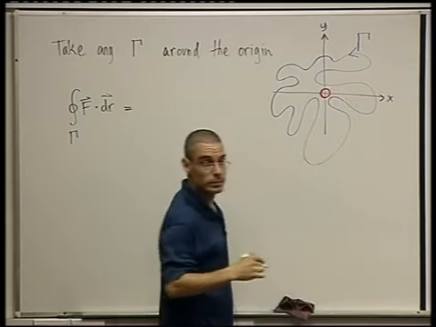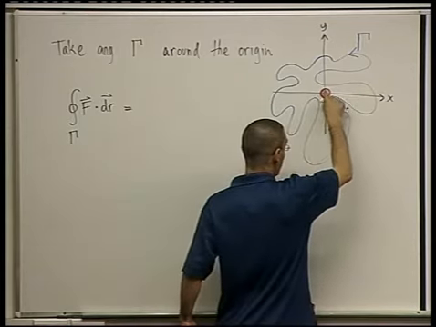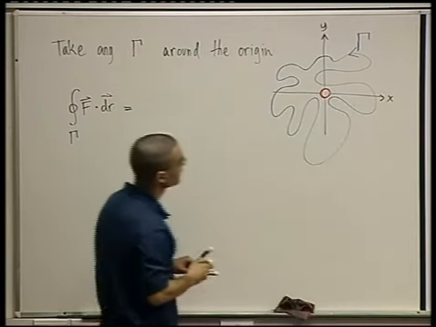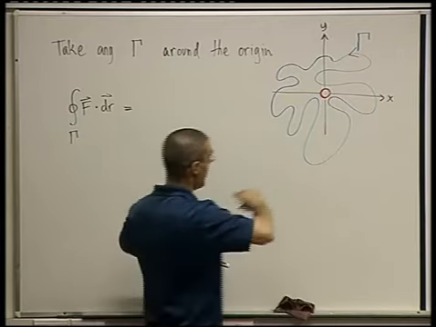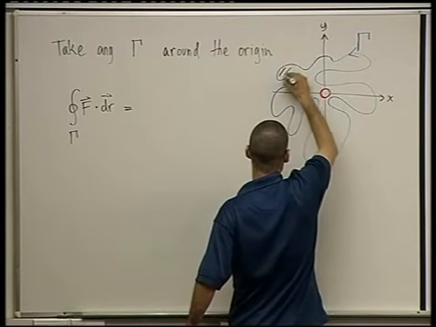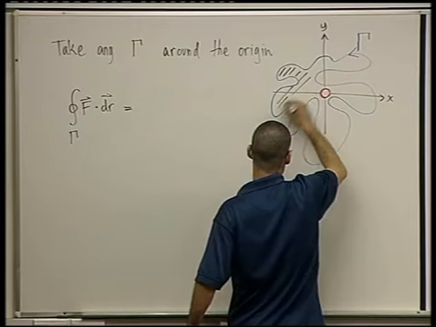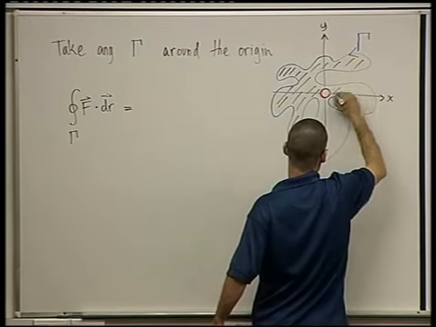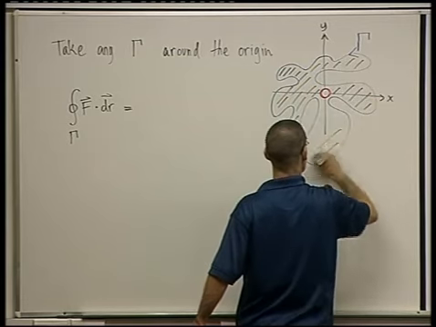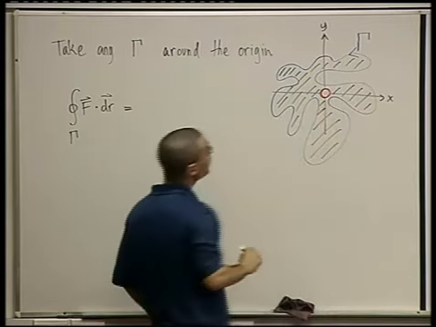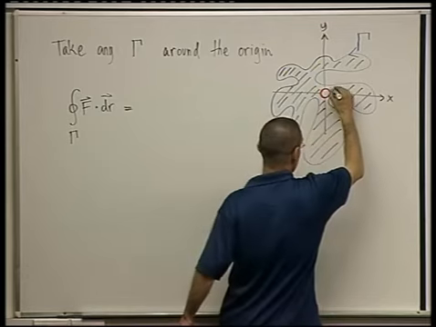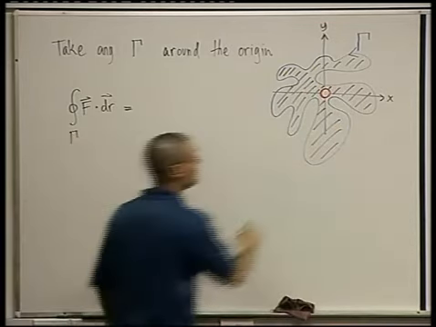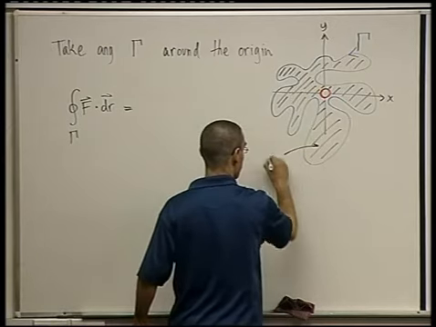Do you see the hole? So this is gone now, no origin. Okay? And I'm going to declare the domain D to be this blob of paint here, but with a hole in the origin. This hole is not contained in D. This is D.